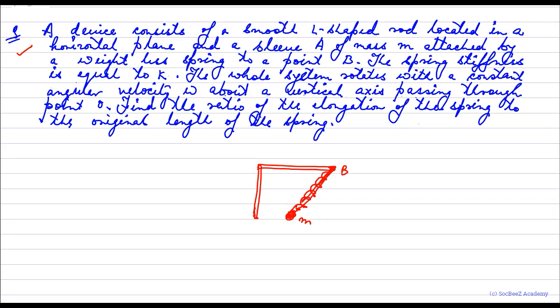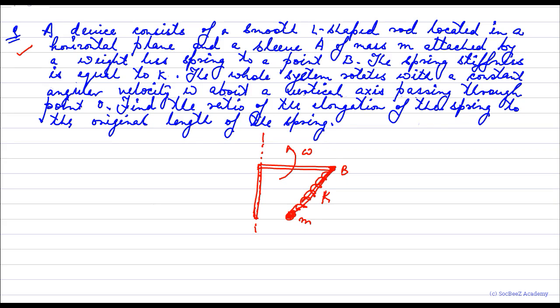Fine. The stiffness constant of the spring is equal to K, and this whole rod rotates with an angular velocity of omega. This is my vertical axis and it rotates about this vertical axis.